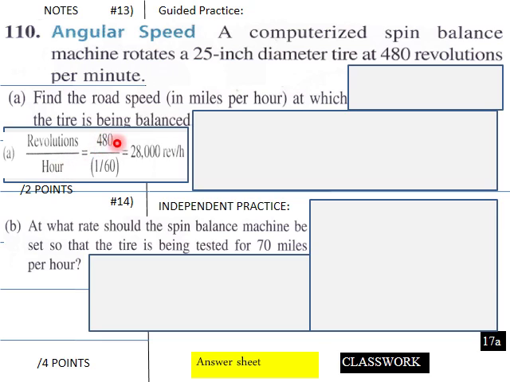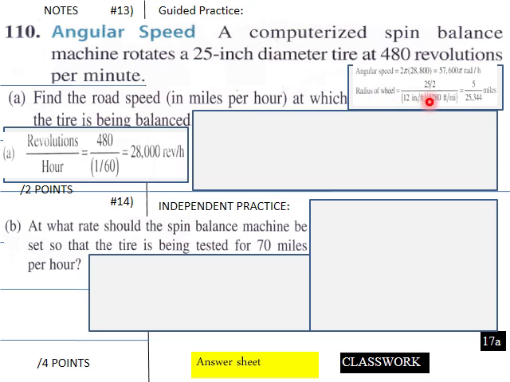So we got 480 times 60, which comes out to 28,800 revolutions per hour. So to find angular speed, we multiply our revolutions per hour times 2 pi, and that'll give us 57,600 pi radians per hour.